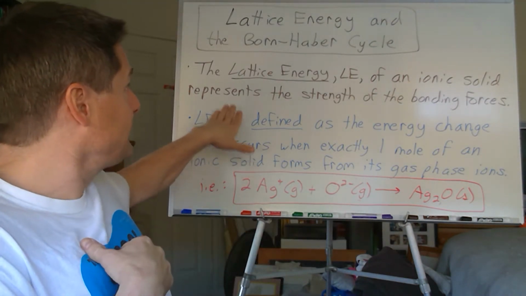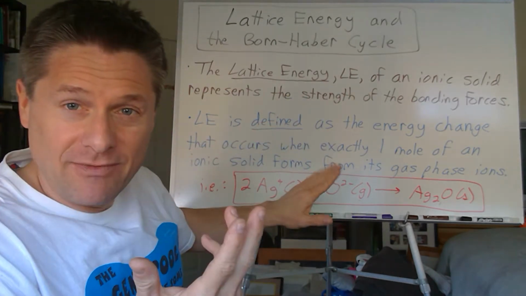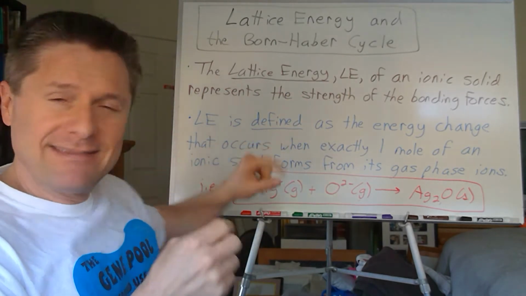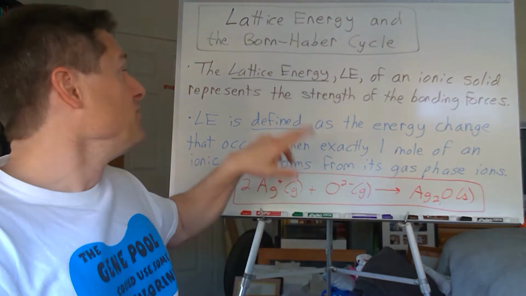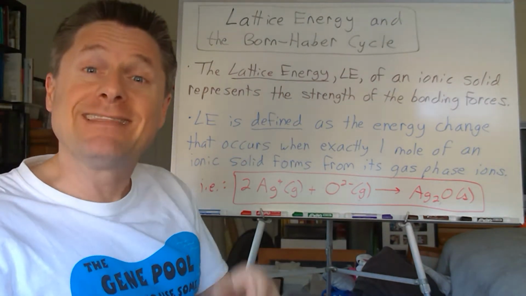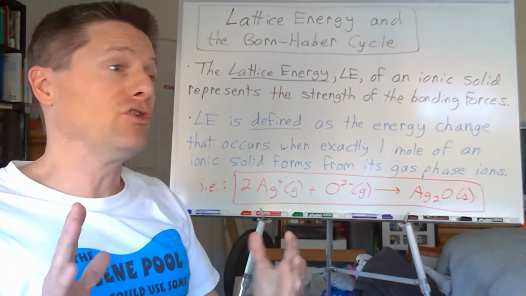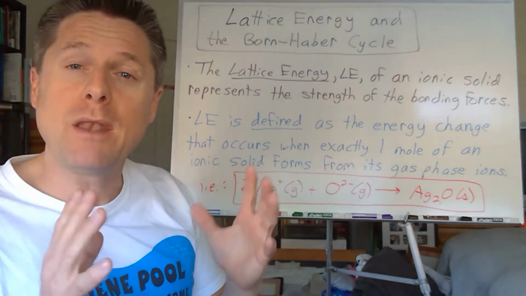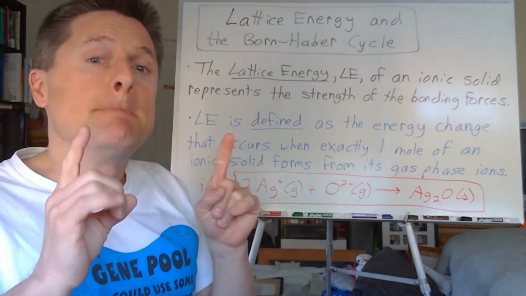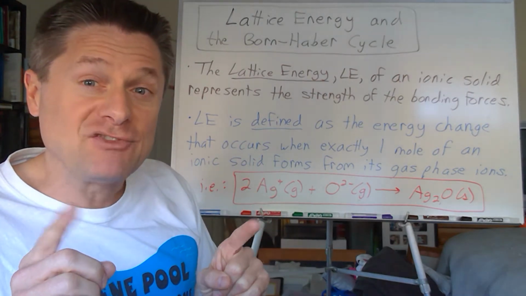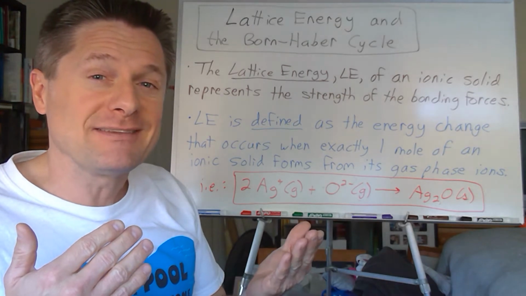Again, it represents the strength of these bonding forces, but lattice energy by definition, think of it more in a thermodynamic sense, is defined as the energy change that occurs when you're forming exactly 1 mole of that particular ionic solid. But this is not like standard enthalpies of formation. You're not doing it from the elements in their standard states.